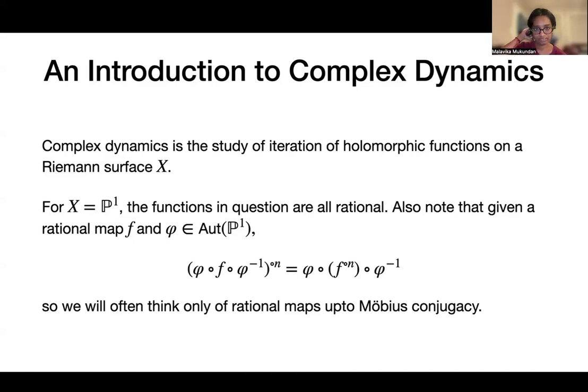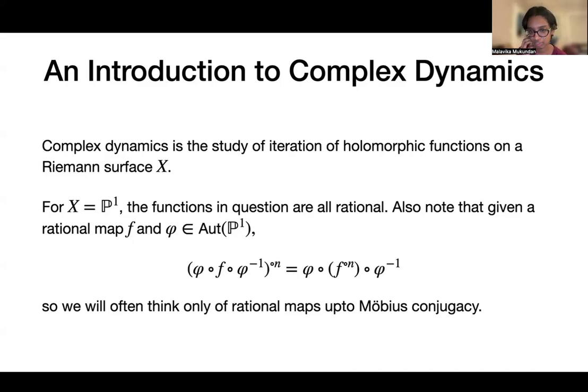But we don't need a specific formula, because of the following reason. If you have a rational function f and a Mobius transformation phi, then if you conjugate f by phi, that is, look at phi of f of phi inverse, and then iterate that n times, that's the same as iterating f n times and then conjugating by phi.